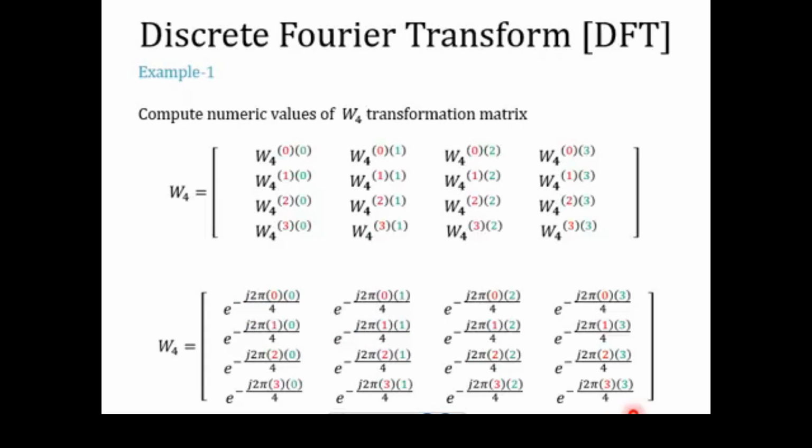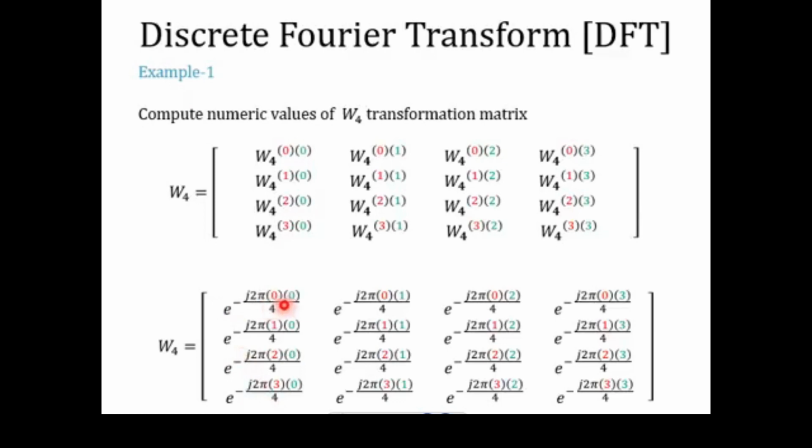Now the next step is we have to find the numeric values of these 16 complex exponentials. If you observe the first row and first column of this matrix, it is very simple to find. The values of first row and the values of first column will be equal to 1. Why is it so?